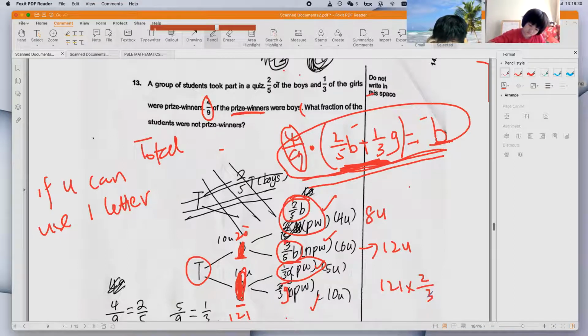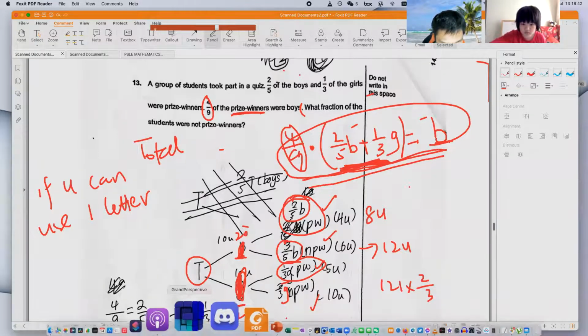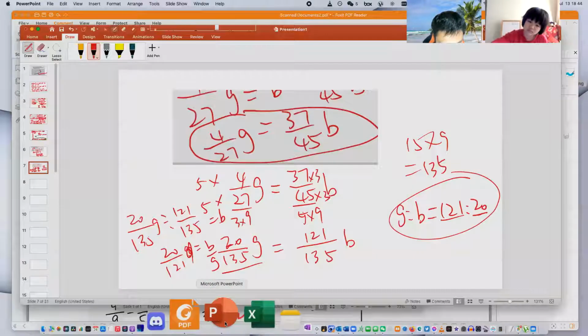Can figure out or not? Cannot. How come it doesn't look right? Let me double check. Yeah, I know it's not a good number.